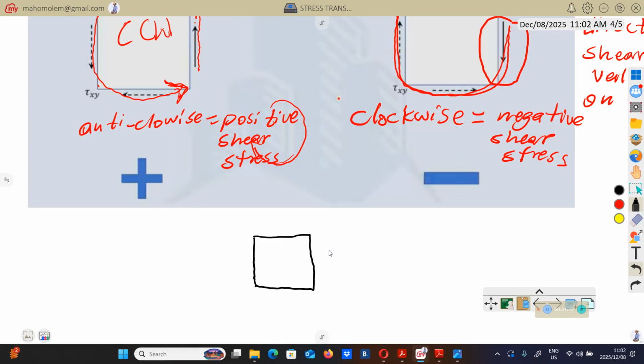If you take this and rotate it like this, okay, remember our directions. This is y direction. This is x direction. So even if you tilt this thing like that, this will be x, this will be y.